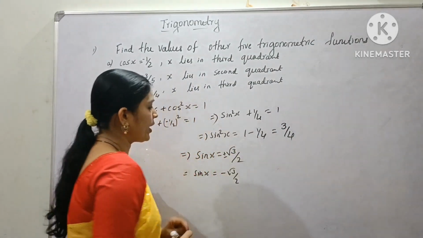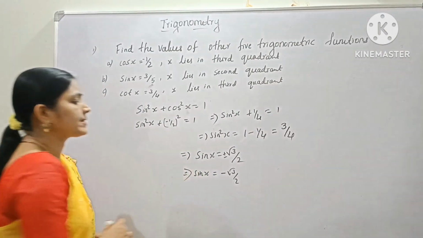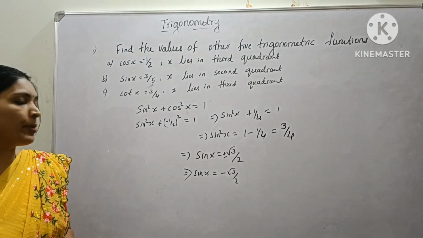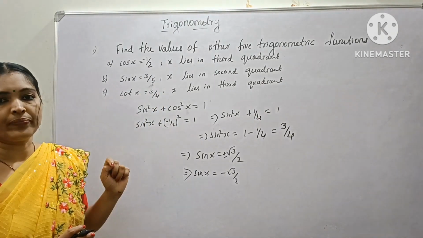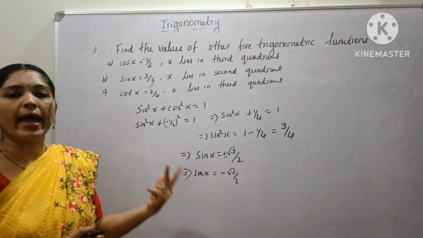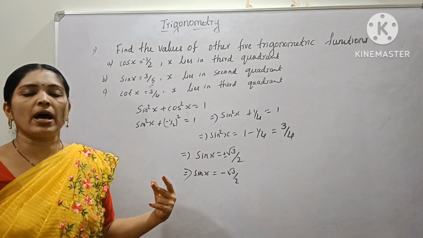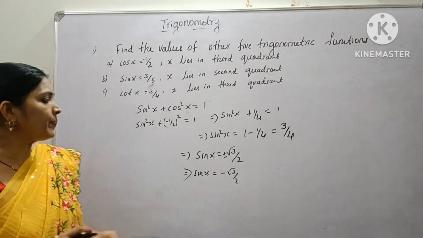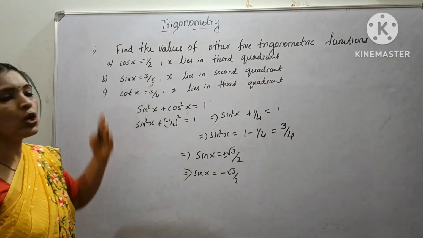So what is the value of sin x? Sin x is nothing but minus root 3 by 2, because it lies in the third quadrant. In the third quadrant, tan and cot are positive. Other trigonometric functions are negative in the third quadrant. Remember.